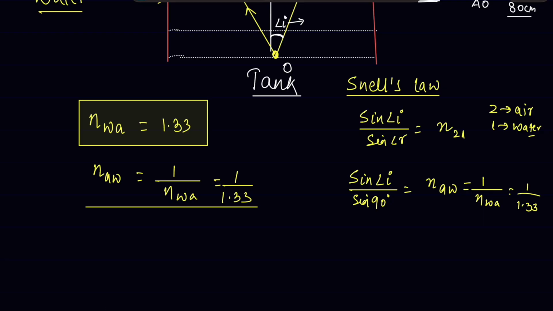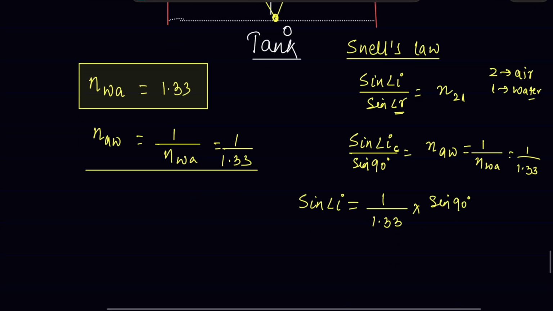Here angle I is a critical angle, since we are taking angle R as 90 degrees. So angle I is nothing but a critical angle. Now sin I is equal to 1 by 1.33 into sin 90. Sin 90 is 1. So sin I is equal to 1 by 1.33.